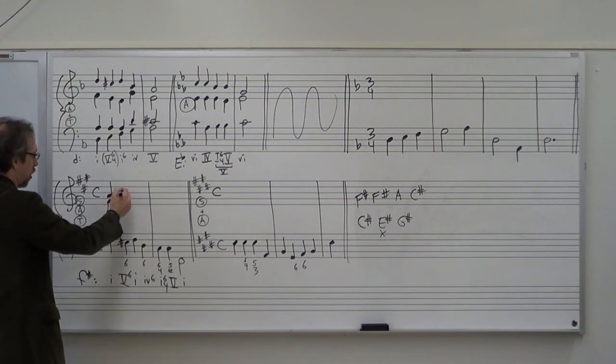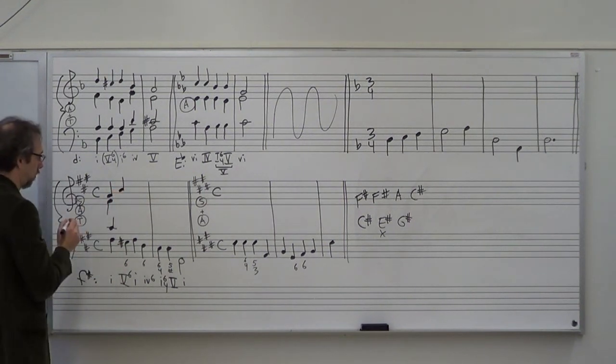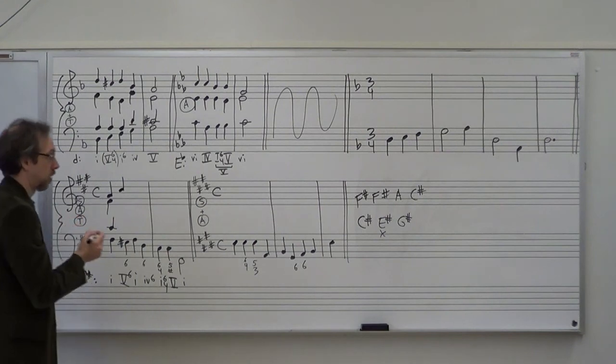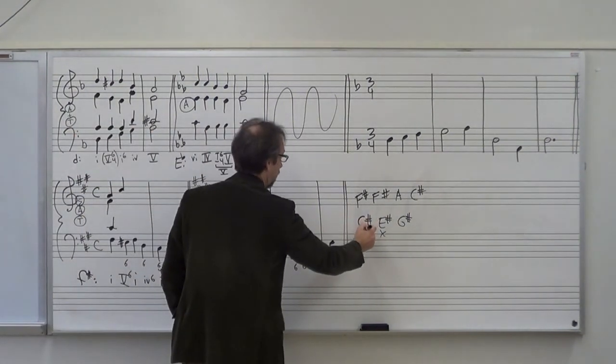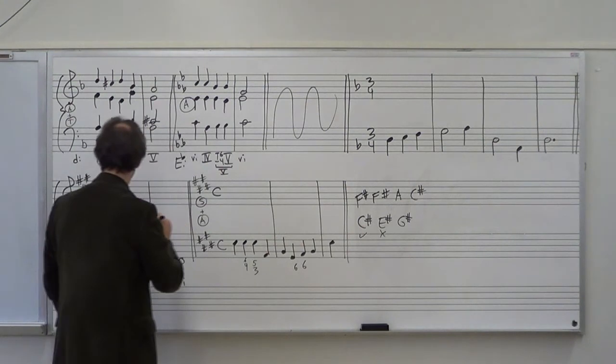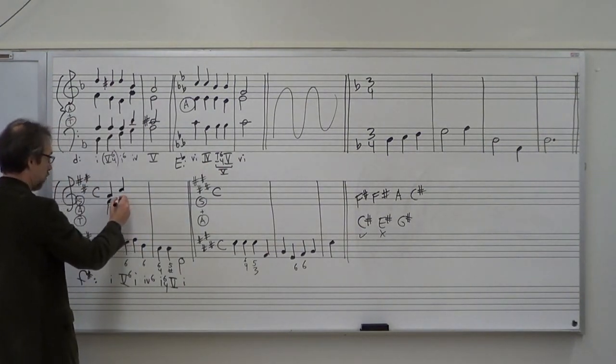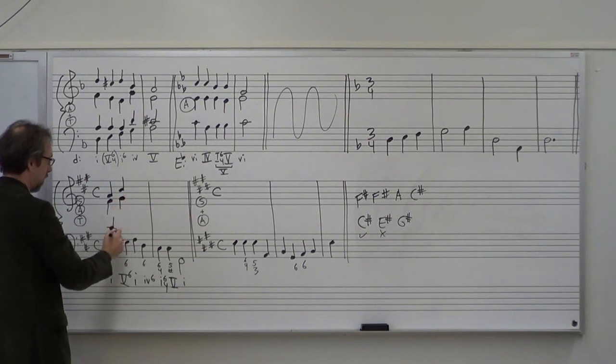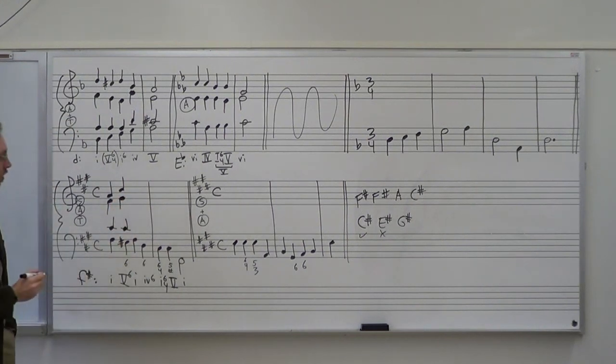Maybe I'll try to jump up a little bit to the C sharp. If I do that, I've got one C sharp. I'll definitely need a G sharp. This one, the F sharp can move by step to G sharp, so let me do that. And this could just stay as a common tone. So that seems pretty easy.